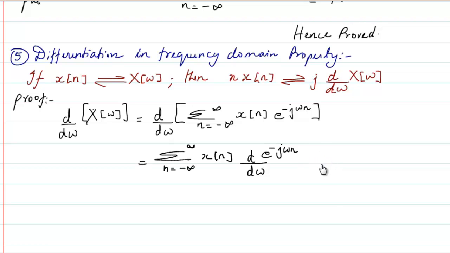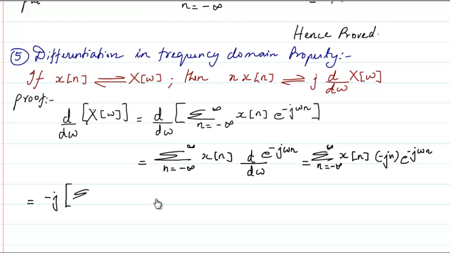So I will write this as, this is equivalent to summation n is equal to minus infinity to infinity x of n into minus j n into e raised to power minus j omega n, which minus j I can take outside, so I will have minus j outside, and the remaining portion I will write within brackets summation n is equal to minus infinity to infinity x of n into n, that n I will write in the front, into e raised to power minus j omega n.